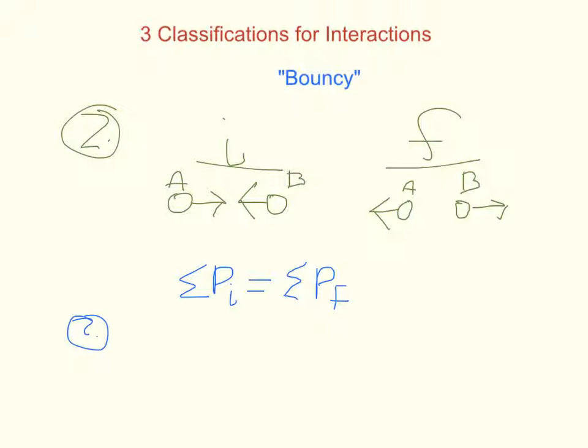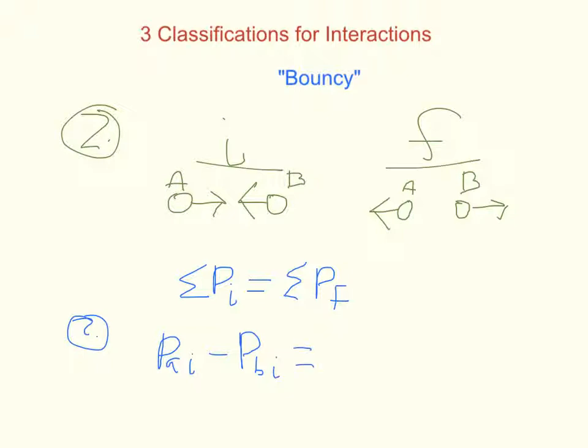So initially, I'm now going to have two momentums being combined initially for both A and B. And I have to be careful because momentum's a vector, so the direction of the momentum matters here. Because A has a velocity directed to the right, that means that it will have a positive initial momentum. And because B has a velocity directed to the left, that means that B will have a negative initial momentum for that reason.